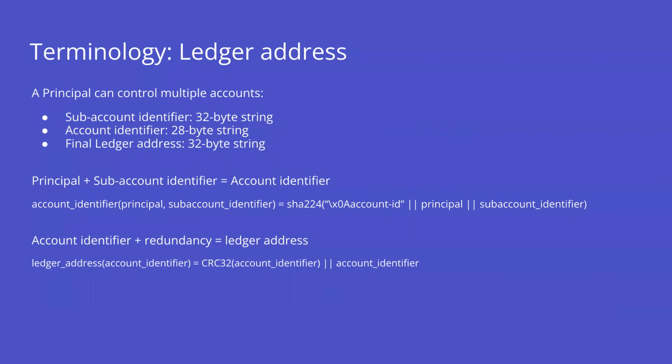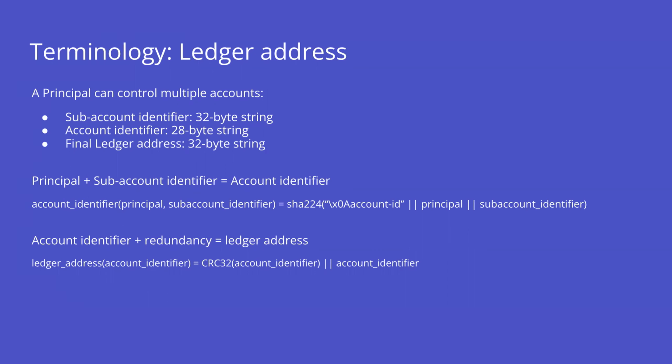Now, a ledger address is derived from your principal ID, and one principal ID can have many ledger addresses attached to it, because a ledger address is created by combining a principal ID with a sub-account identifier, and this is a 32-byte string, which can be anything.